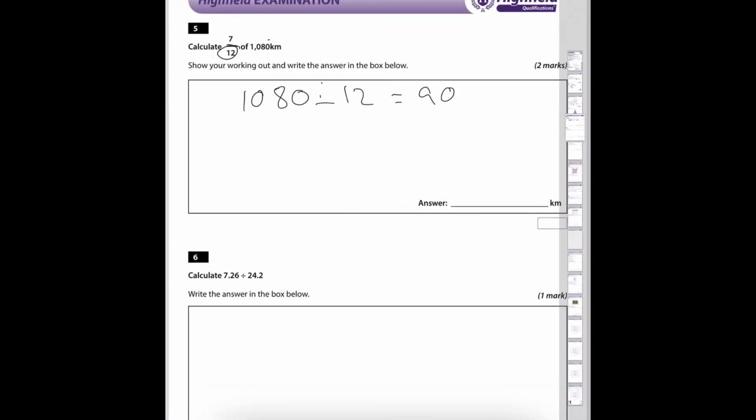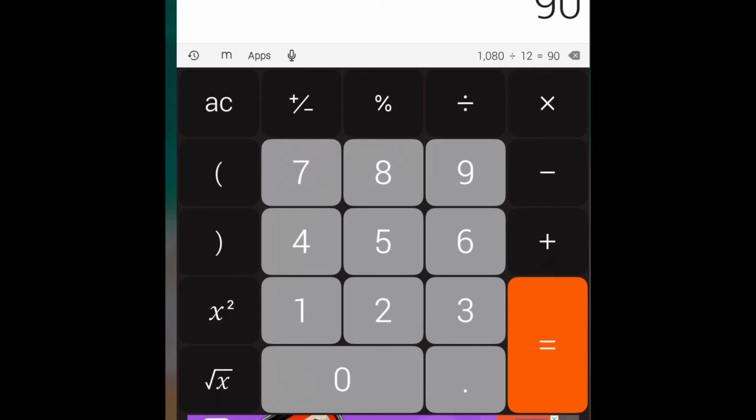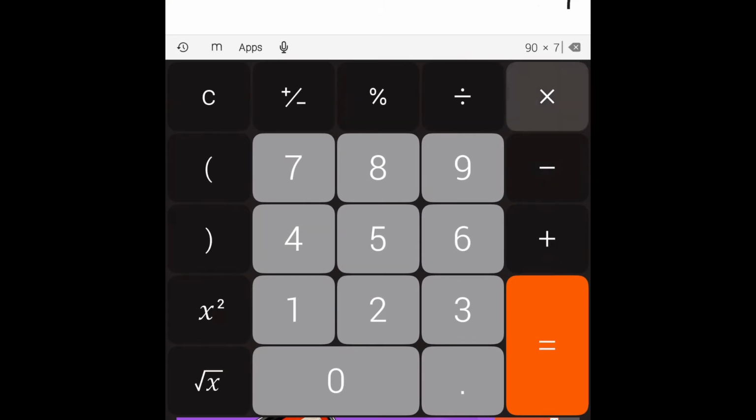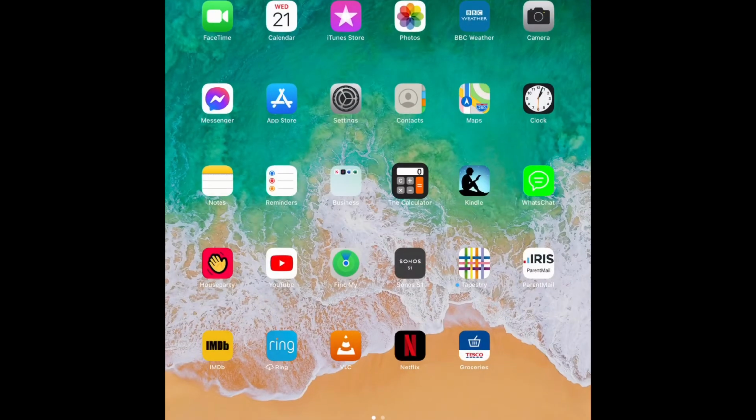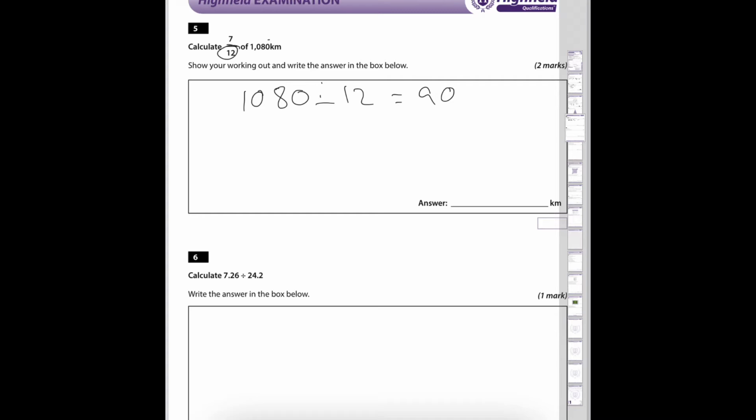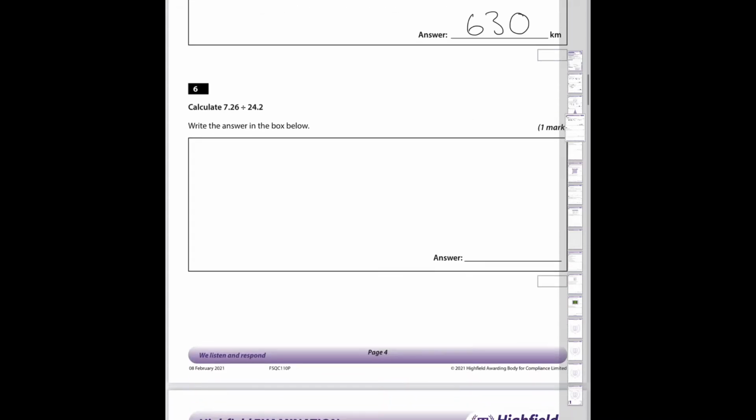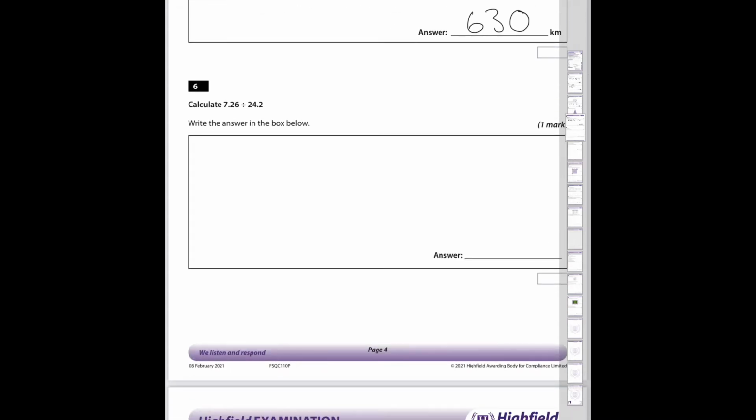Now we want to work out 7/12 of that, so we need to work out 7 times 90, which is 630. 630 kilometres.